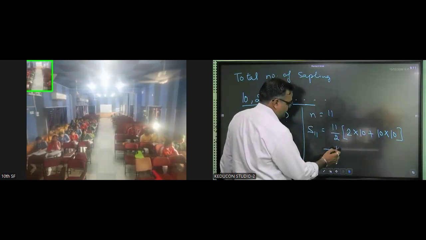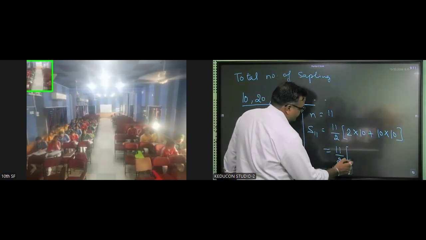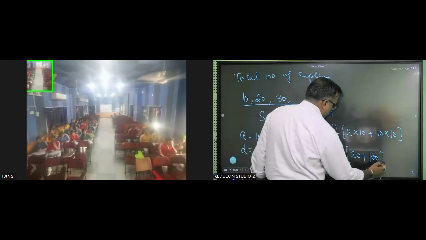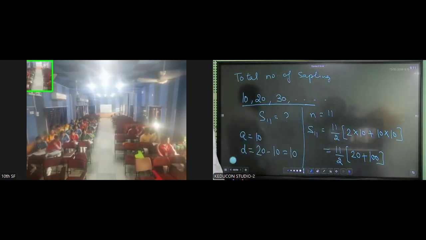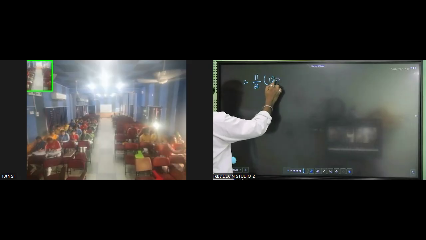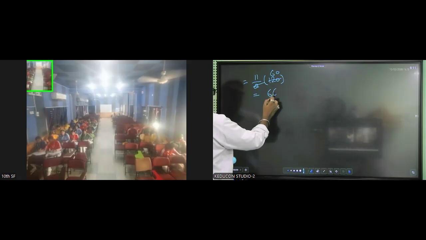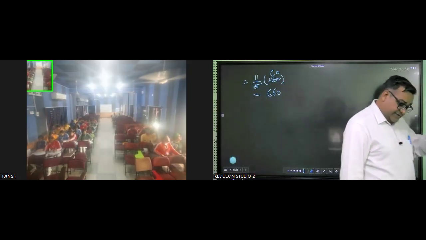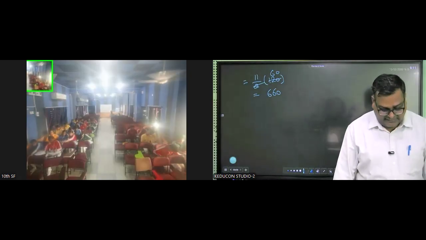Solve this, children. This will be 20 plus 100. Right? Solve this. 11 by 2 into 120. So this comes out to be 660 plants till the 11th spiral.